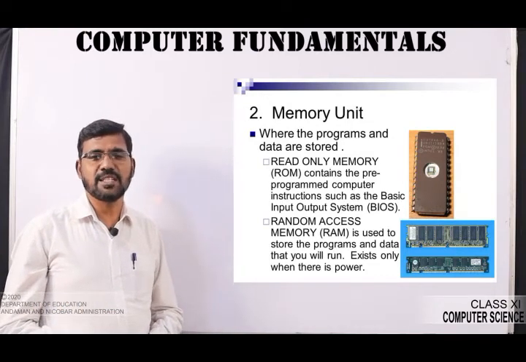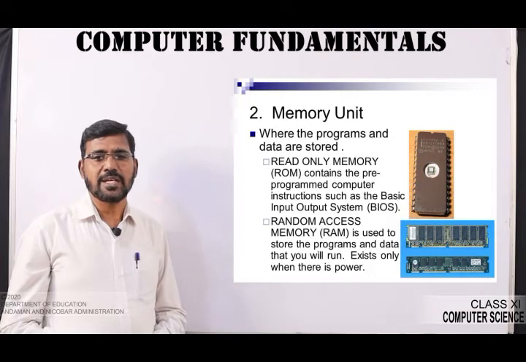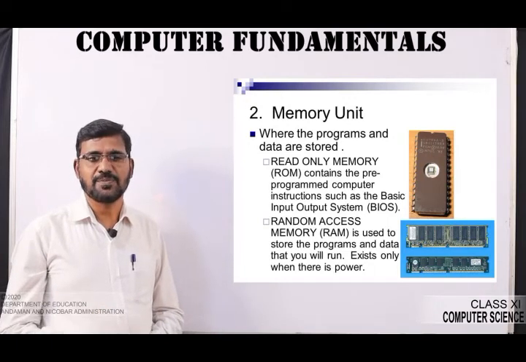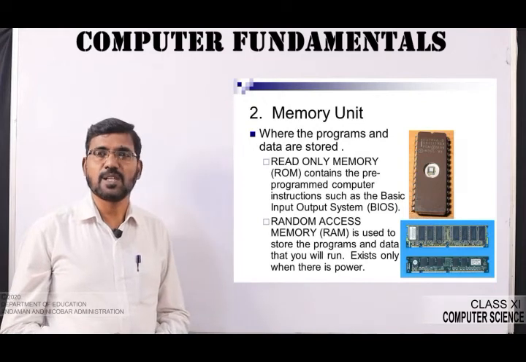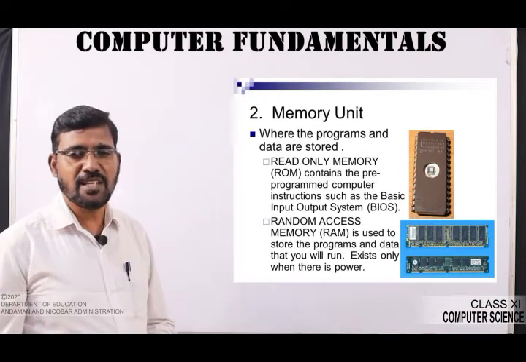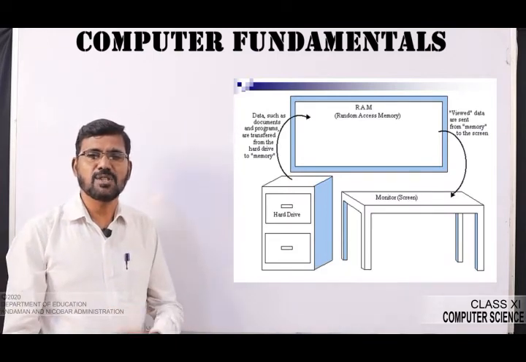The random access memory is used to store the programs and data that you will run. It exists only when there is power. So, you see, this diagram will clear your doubt.